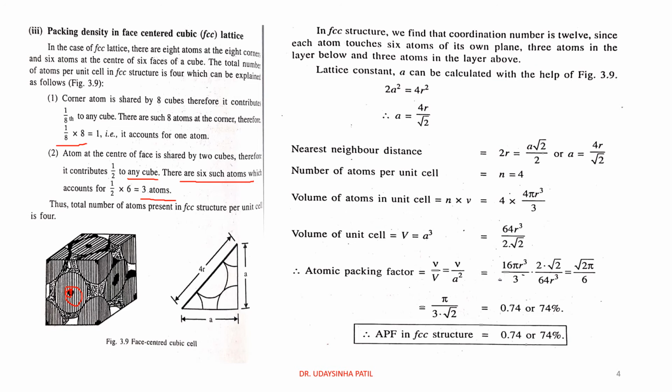Therefore, the total number of atoms for the FCC lattice is 4. Why 4? The corner atoms contribute 1 atom and the face centered atoms contribute 3 atoms. 3 plus 1 is 4.